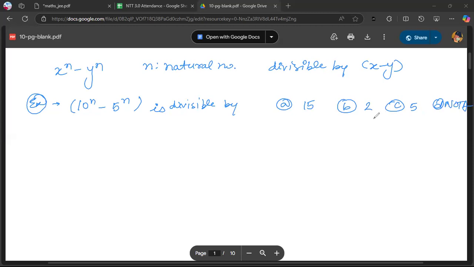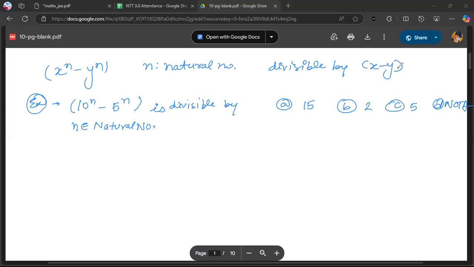Okay. So tell me, and also it is given that n is a natural number. It's not specified whether n is odd or even. So it is in the same terms: x raised to power n minus y raised to power n is the given term, n is a natural number.